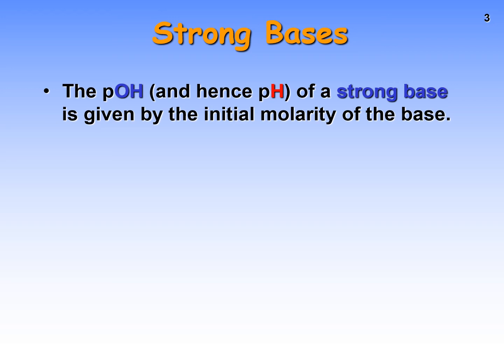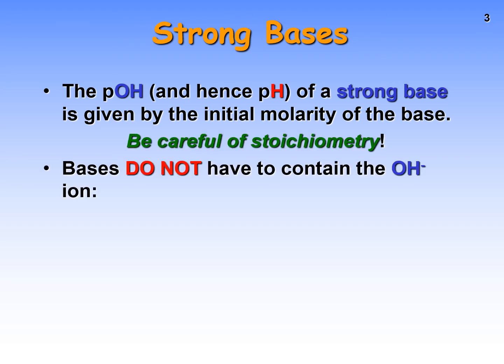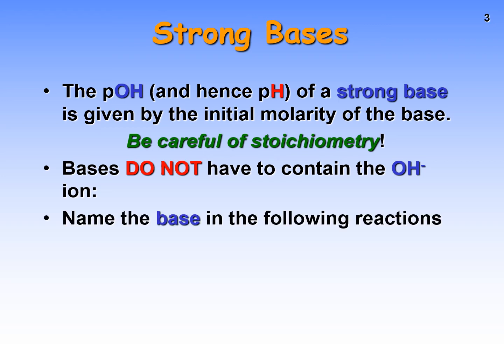So let's look at solving for the pH or the pOH of a strong base given its initial molarity, right? So you've got to be careful about stoichiometry. One thing you should also know is that many bases don't contain OH-. In a lot of cases, weak bases tend to not contain OH-.